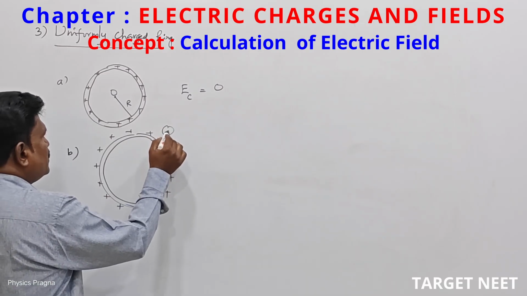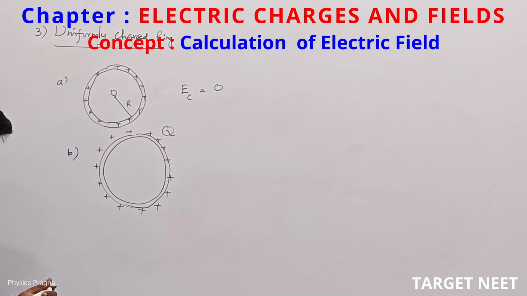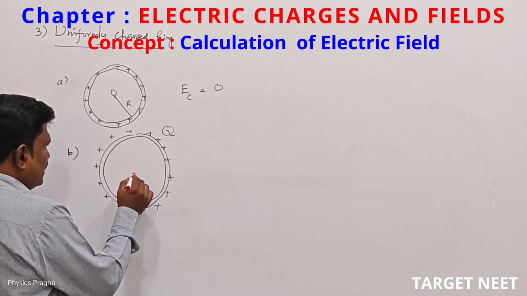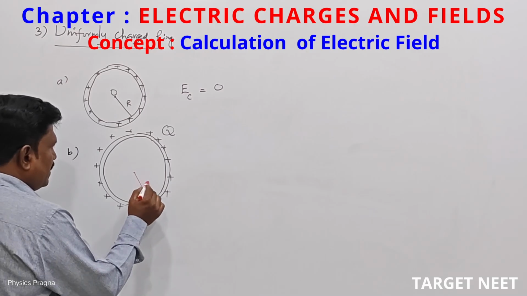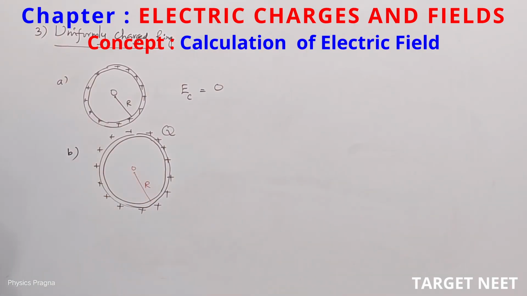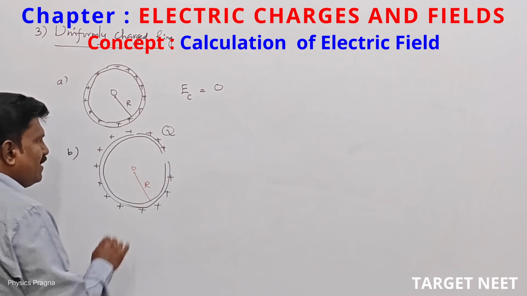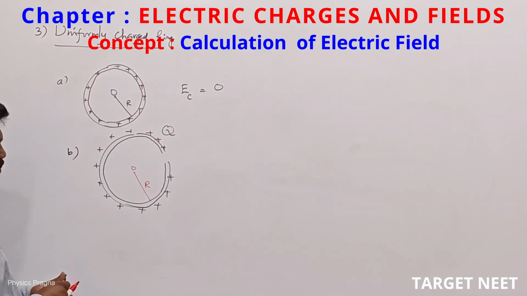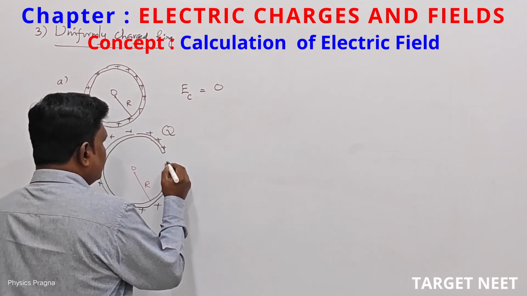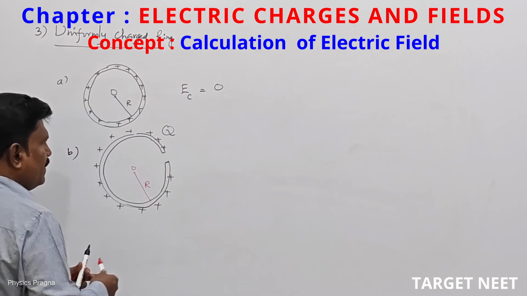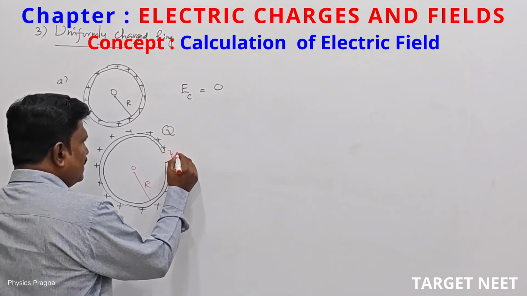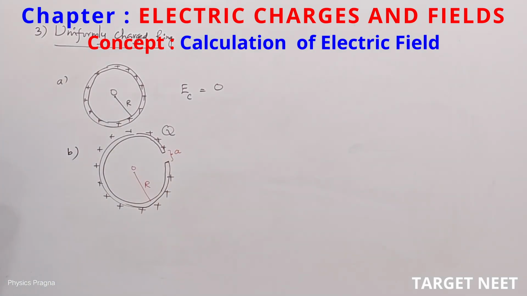So total charge is Q on the ring, and this is the center of the ring, this is the radius R. What happens if a small opening of width A is made here on the ring? Then what is the electric field at the center? Many times this question also came in the exam.